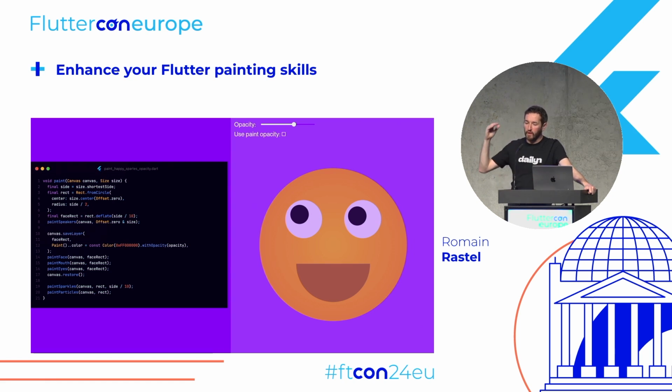Then, between the saveLayer and the restore, you can call a lot of things on the canvas. In fact, saveLayer will combine everything as if it were one drawing only, one layer if you want. And that's how you can do something like that.